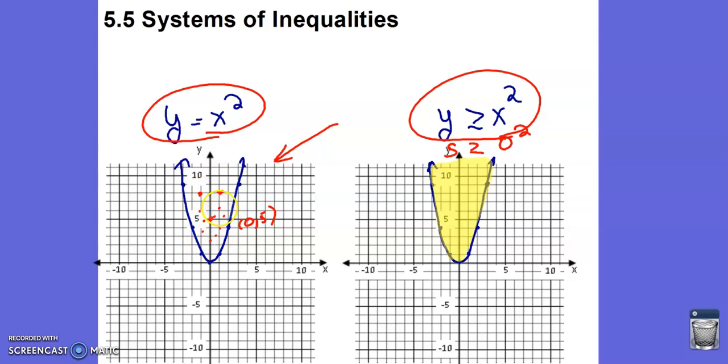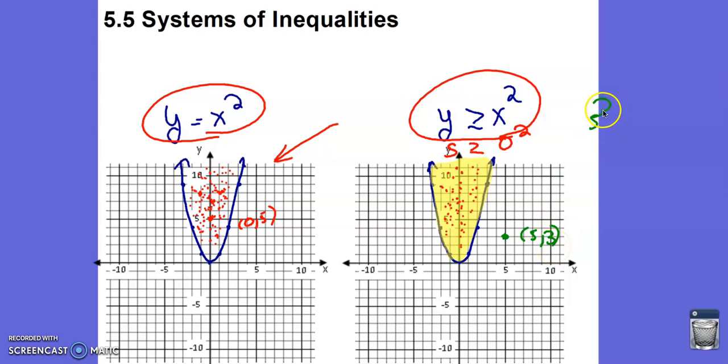If you start testing all of these points inside, you're going to have so many points, it's going to eventually make it solid. And that's why we highlight inside, because it literally represents every single point inside of there will be true. If you tested a point outside of this thing, like 5, 3, that point would not work.